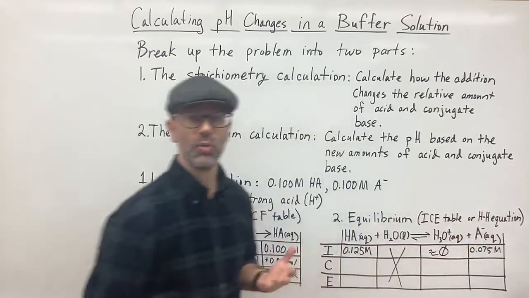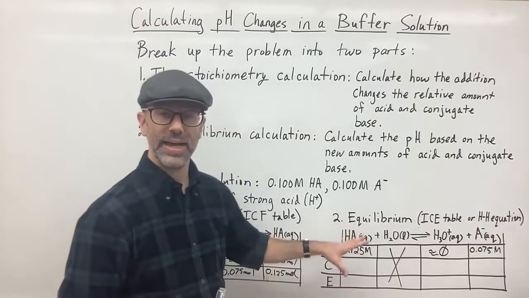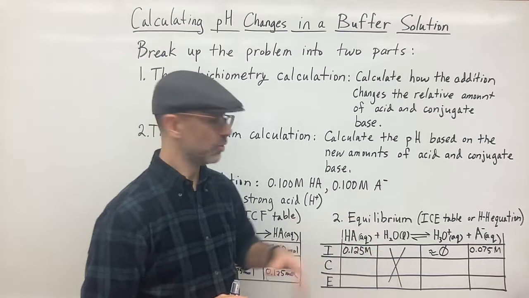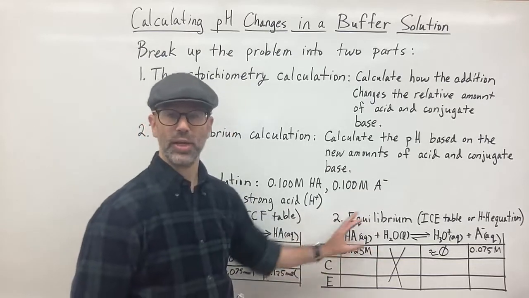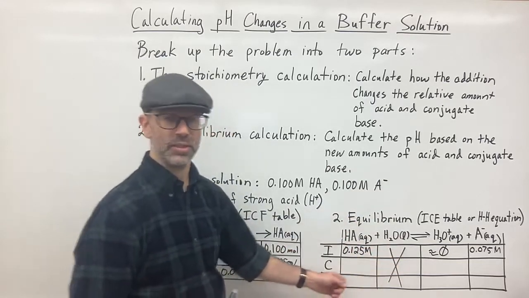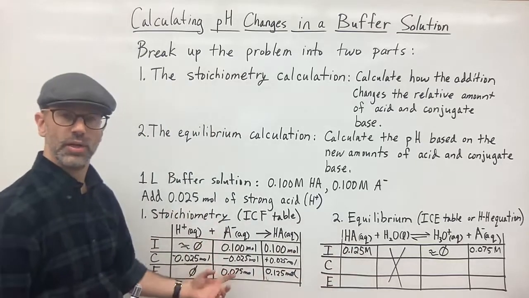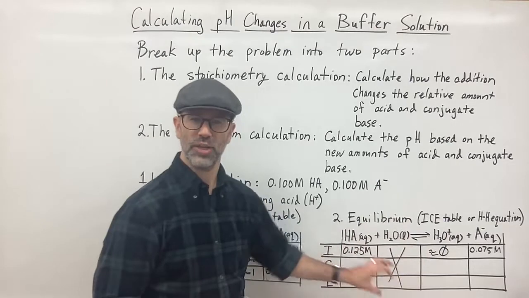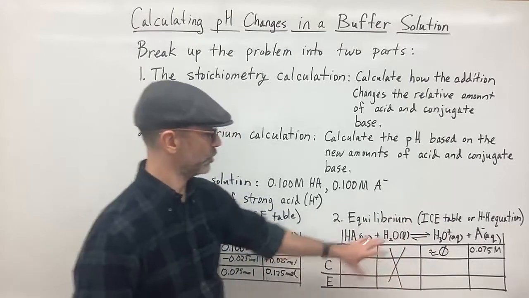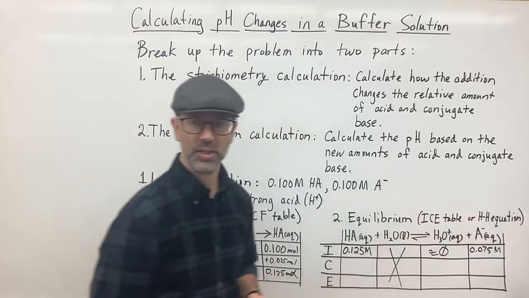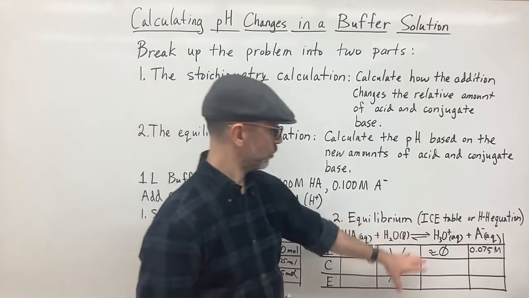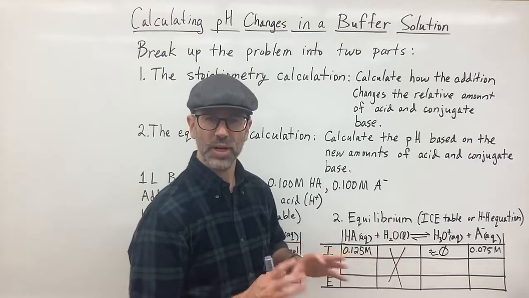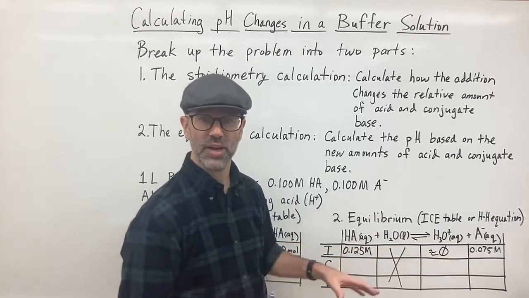So either one would work fine if the X is too small approximation is valid, okay? So in this case, I'm showing the ice table to make a comparison with this one. I would do ice tables first and get really good at those before jumping to the Henderson-Hasselbalch equation, because this will give you a feel for when is it a good time to do the Henderson-Hasselbalch equation.